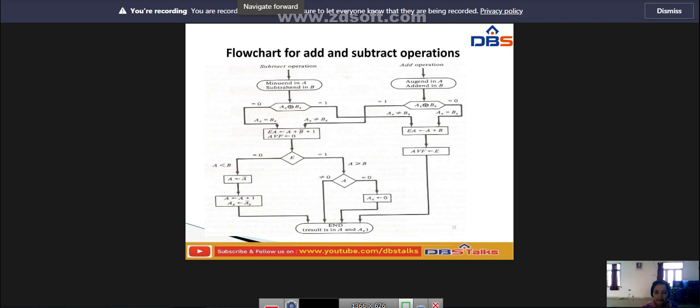This is the flow chart of the add and subtract operations. We have the subtract operation and the add operation in this.